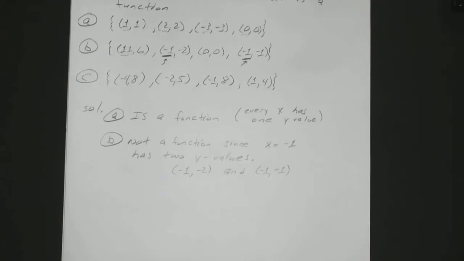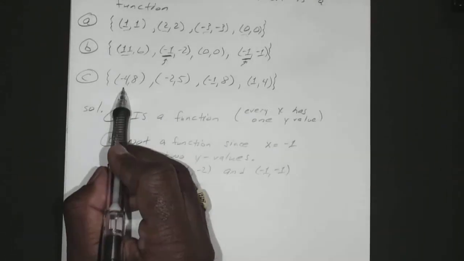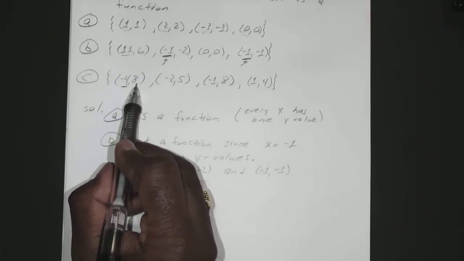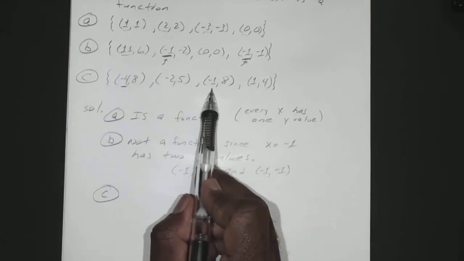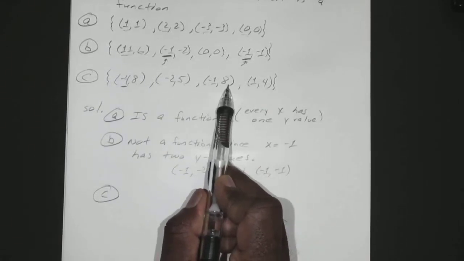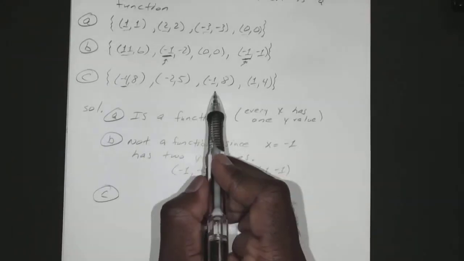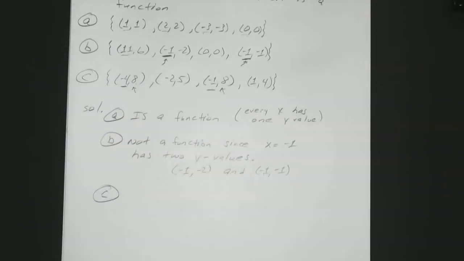Okay. Now C is just a little bit different. We see here that -4 has only one y value. -2 has only one y value. -1 has only one y value. And 1 has only one y value. But if you notice for these two, your y values are the same.